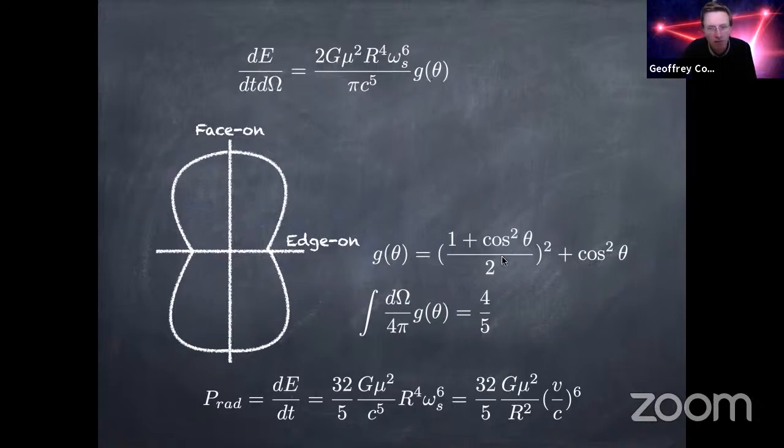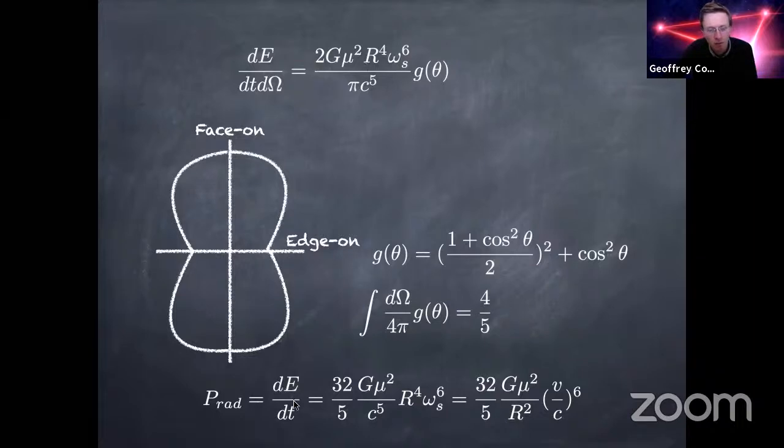If you see that function, and I plot it here, its amplitude grows as you go from a small amplitude for g of theta for edge-on systems, to a bigger amplitude for a face-on system. The overall integral of g of theta is 4/5, it turns out.